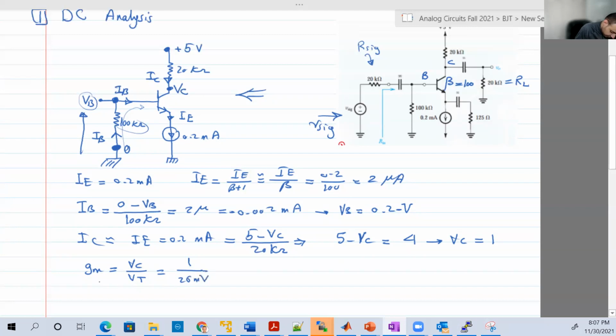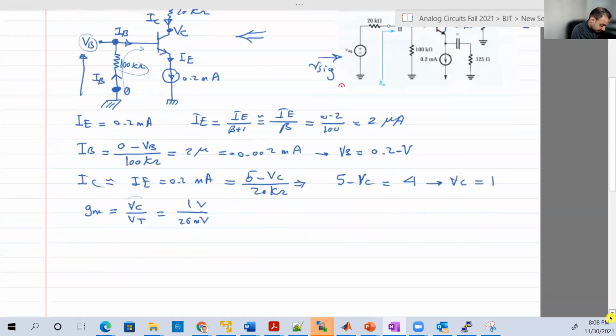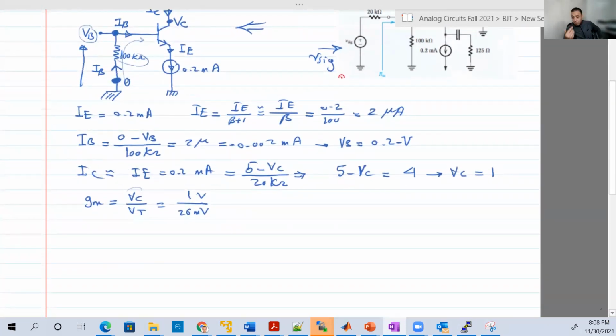Millivolt. And you should check because IC is in amperes and VT is in volts, so GM is in siemens. That's correct. And you can get that easily. Or you can consider VT as 25 millivolt. It's okay.